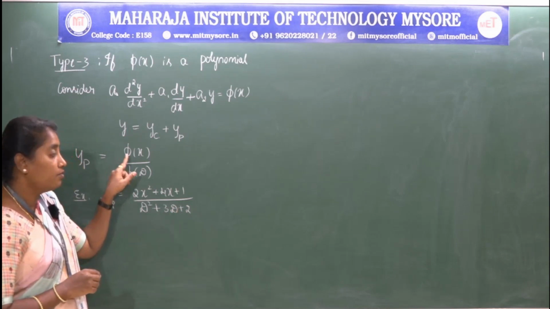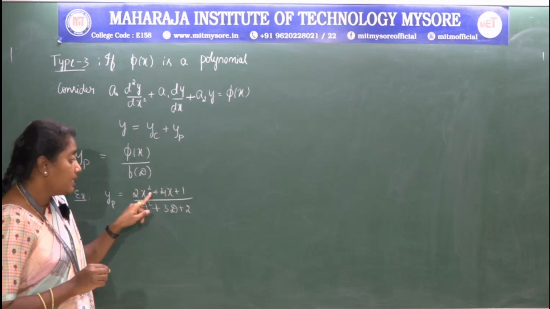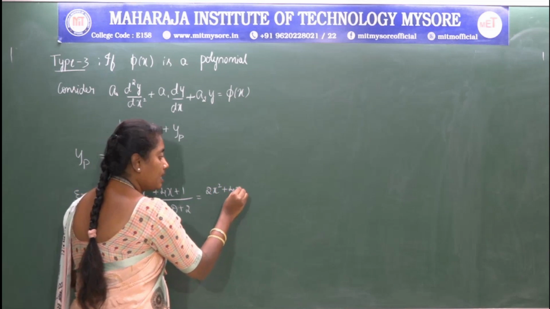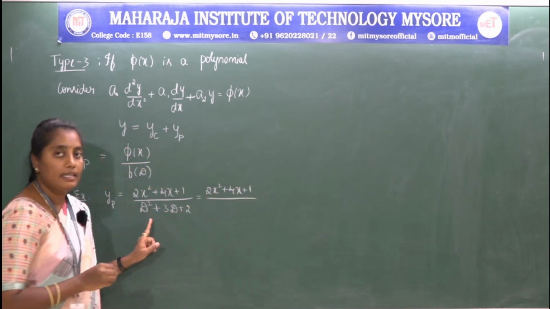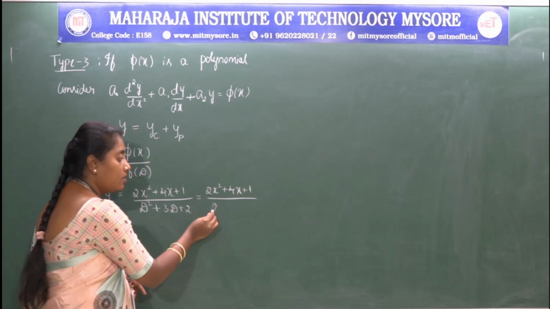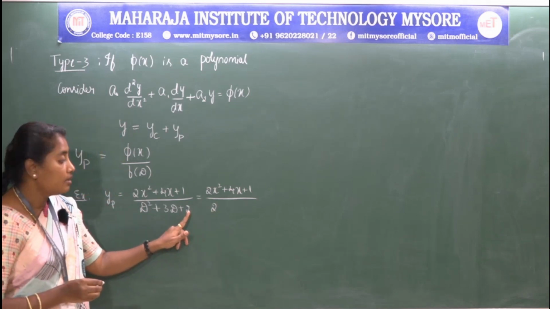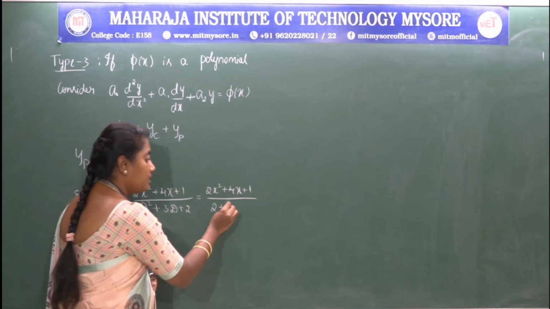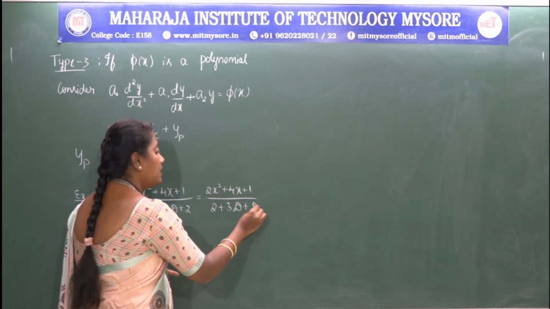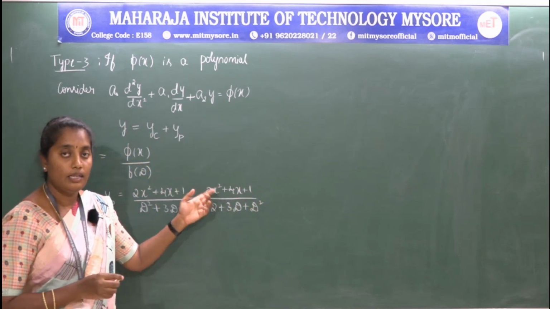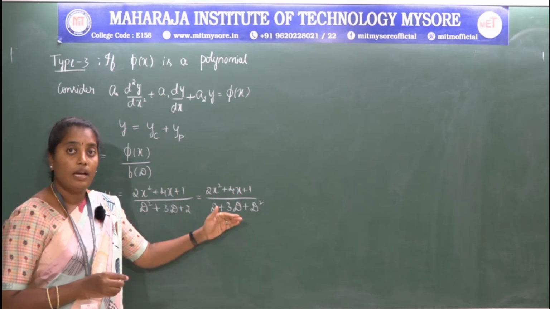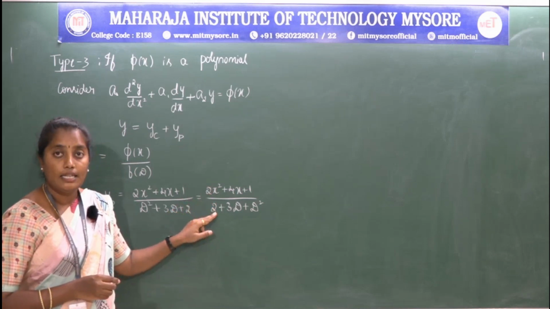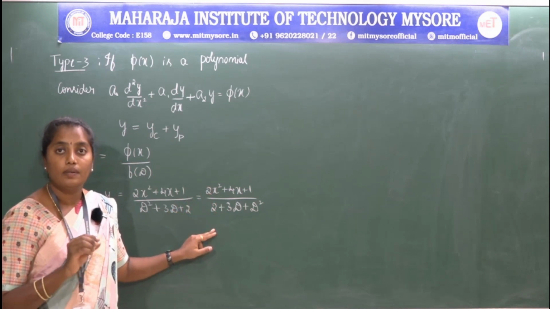As I already told, we have to write phi of x in descending powers of x, that is 2x squared plus 4x plus 1, and the denominator in ascending powers of d, that means we write the constant element first. Here the degree of d is 0, d power of 0. Next term 3d plus d square.